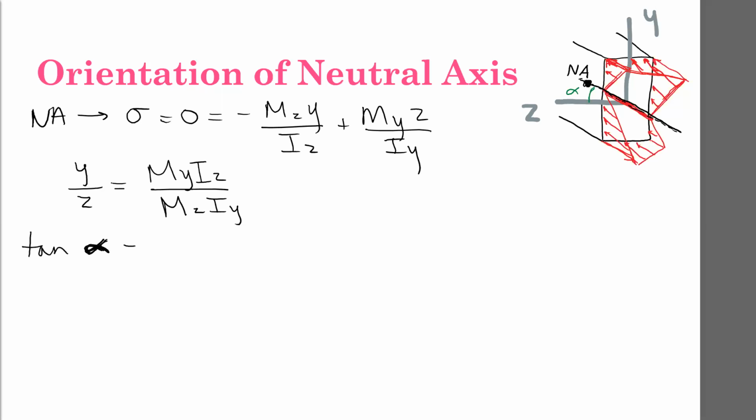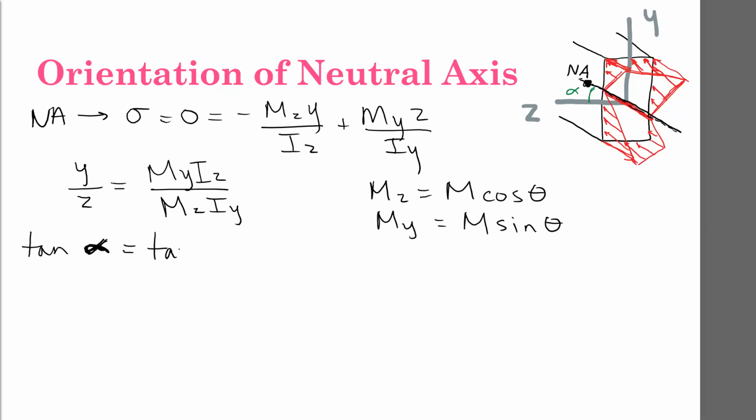So tangent of alpha equals My over Mz, but Mz I know is M cosine theta, and My is M sine theta. So those two aren't really independent, but rather, if I take My and divide it by Mz, the M over the M reduces to 1, and I have sine over cosine, which is tangent.